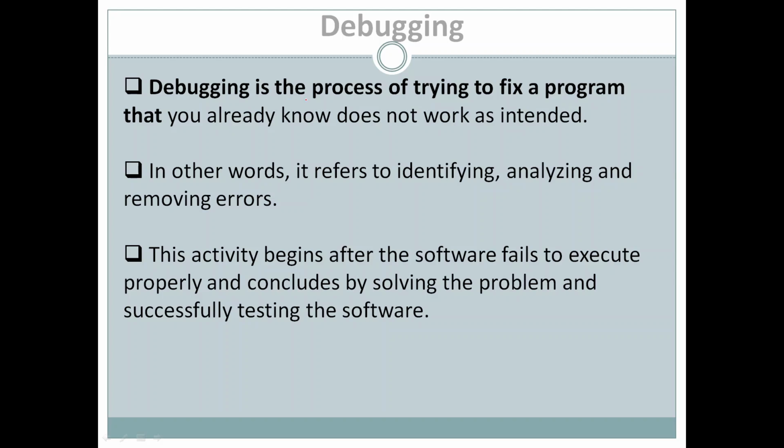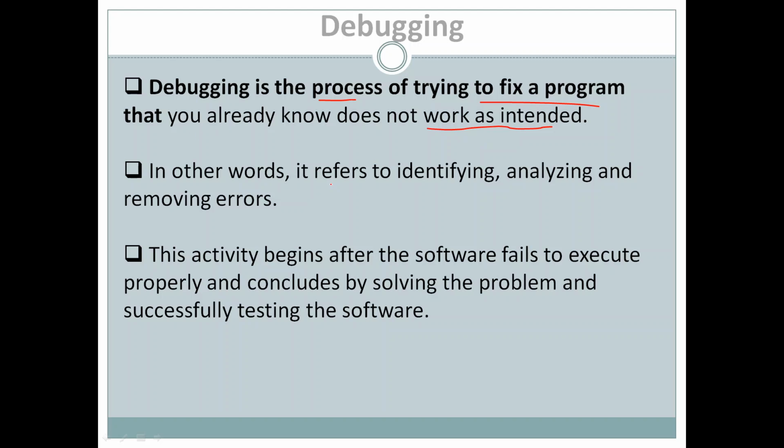Debugging is the process of trying to fix a program that you already know does not work as intended. As I've said, debugging simply means fixing the errors in the program.